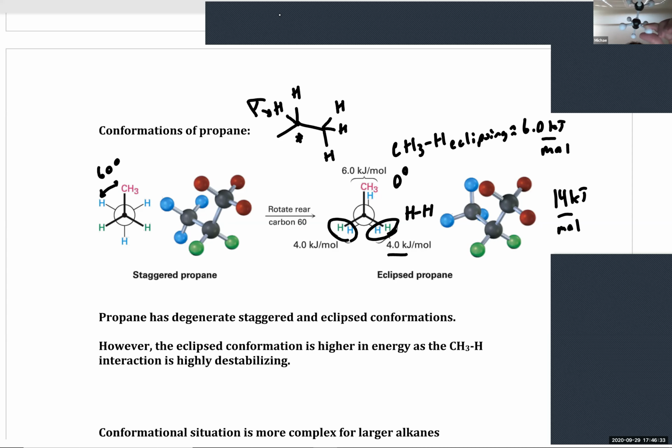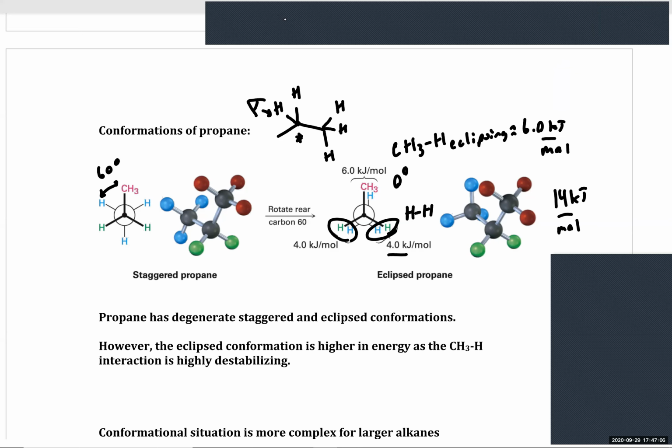Yes, it is. So we have degenerate conformations of the same energy for our staggered conformations. Likewise, if I keep rotating my carbon-carbon bond, does this new eclipsed conformation look identical to my previous eclipsed conformation? Yeah, so we have degenerate staggered and eclipsed conformations. Okay, so that's important to keep in mind.